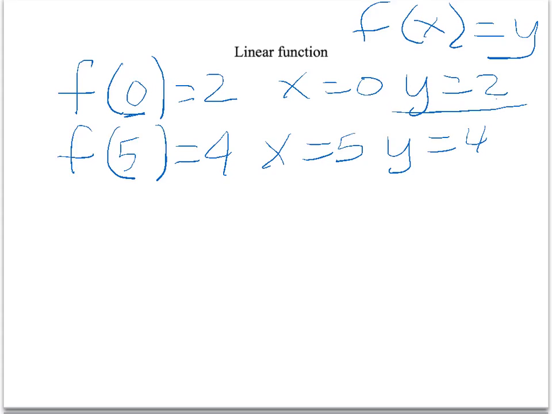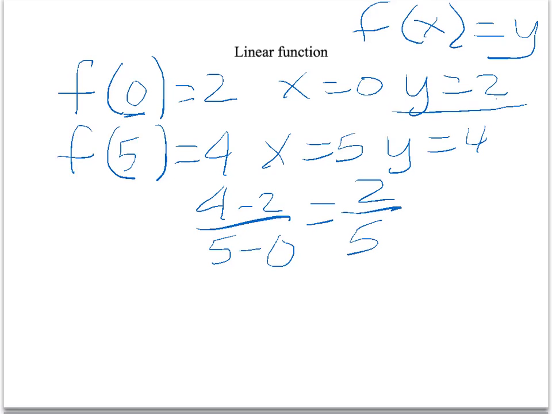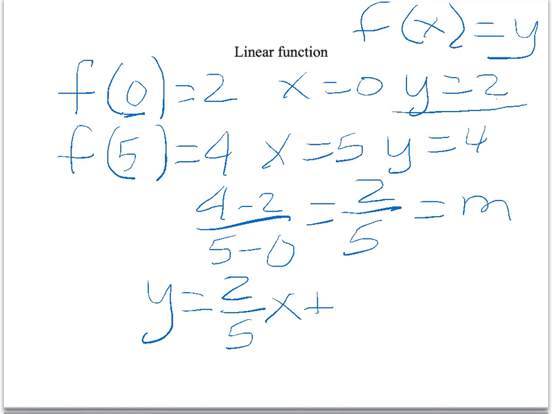So my slope is my rise over my run, or 4 minus 2 over 5 minus 0. 4 minus 2 is 2, 5 minus 0 is 5, so my slope is 2/5. My y-intercept is 2. I can write it as y equals 2/5 x plus 2. And there it is in slope-intercept form.